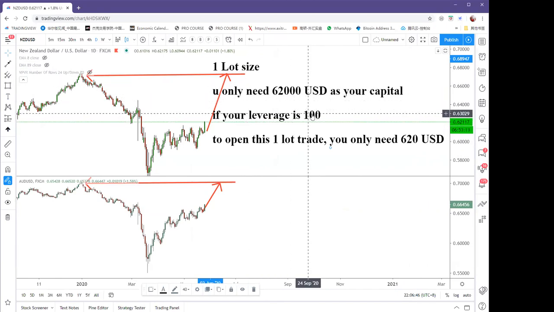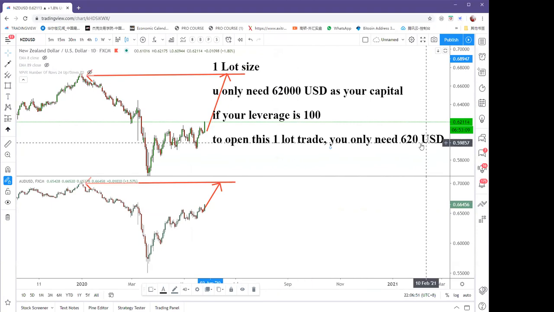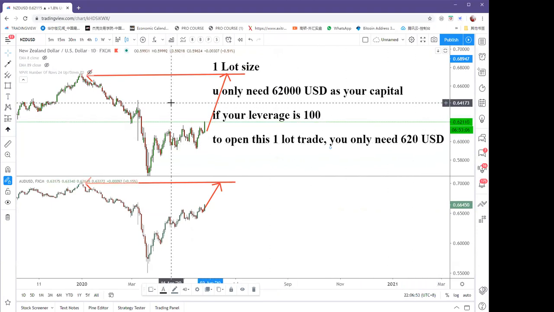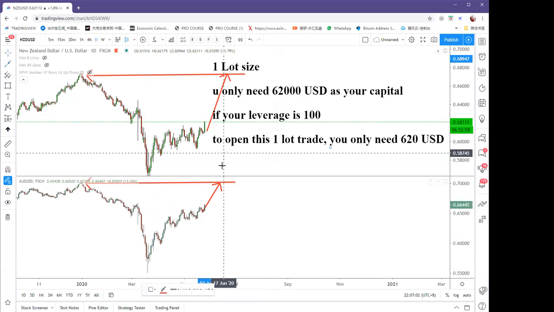And if our leverage is 100 times, we only need $620 to open one trade. If you want to trade one lot of Swiss franc, you need 1,000. Understand? You know why it goes up, because Kiwi and Aussie move in the same direction.